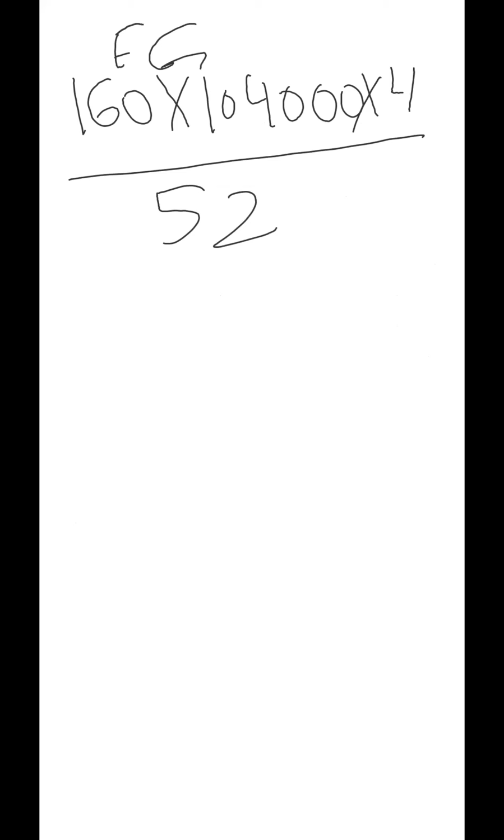So the finished goods will be calculated at 160. How many units are there? 1,04,000. So how much in the finished goods is given? For an average 4 weeks, that is 4 divided by 52. This is for your finished goods.